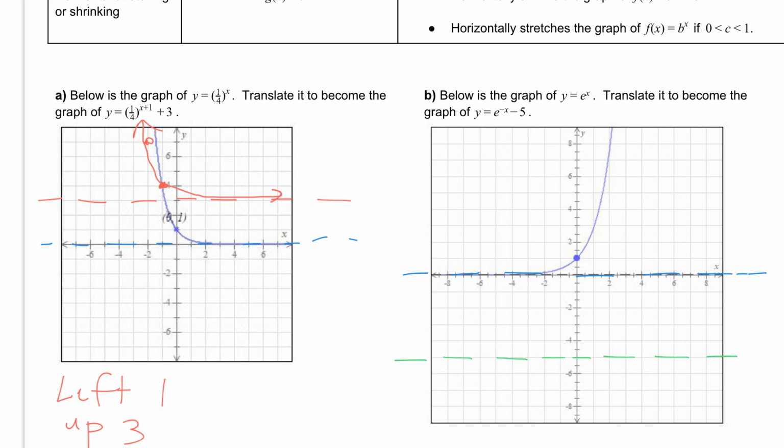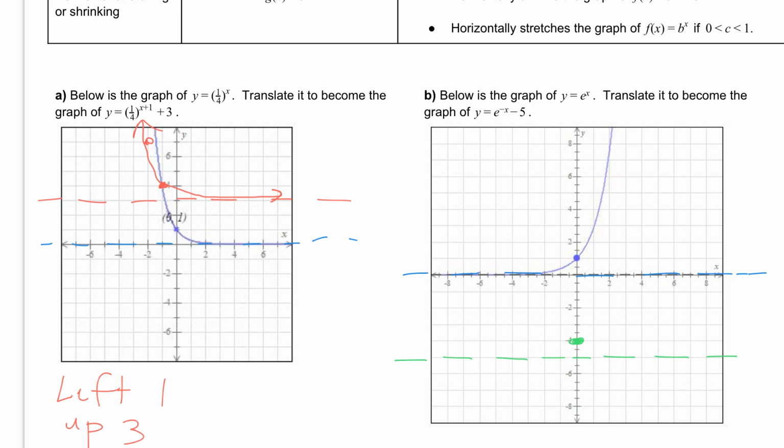And then let's think about a couple points on our graph. This point right here is on the line of reflection, so if we reflect it over, it's not going to go anywhere. Then we need to move it down 5. So if we move this down 5, we get 1, 2, 3, 4, 5, and it's now at the point 0, -4. So let's plot that point.